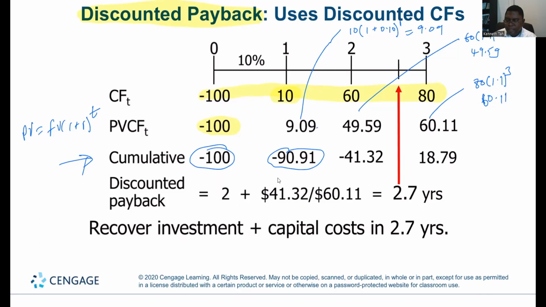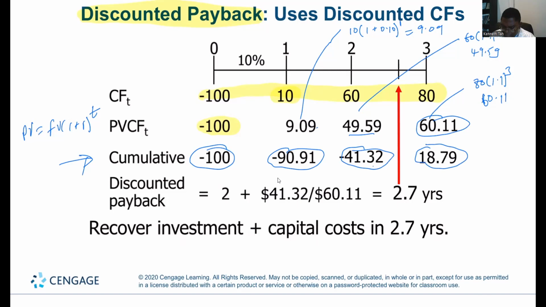Then we take this negative 90.91 and we add this amount that comes in, the 49.59, that gives us negative 41.32. It's gradually dropping. Then we add this 60.11, that now gives us a positive number, which means that we start making profit. We have recovered our initial investment.